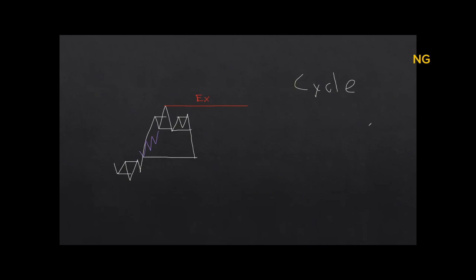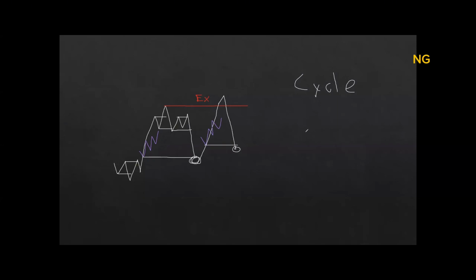Okay, it's done. So the next target is going to be a takeout of external liquidity. So once internal is taken, we're going for the external. And once external is taken, we're coming back for the internal.